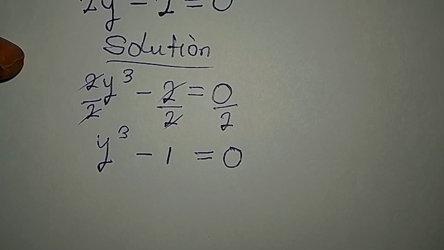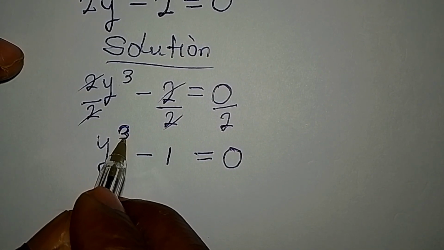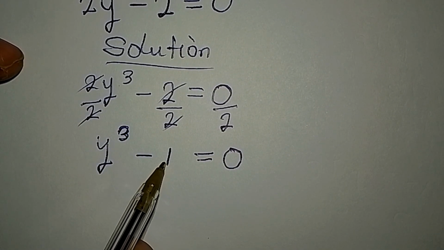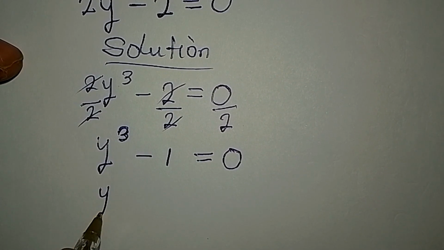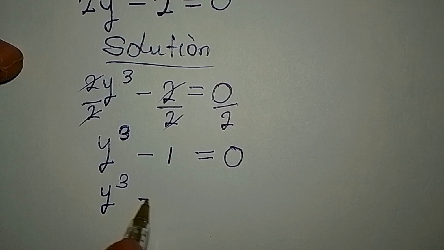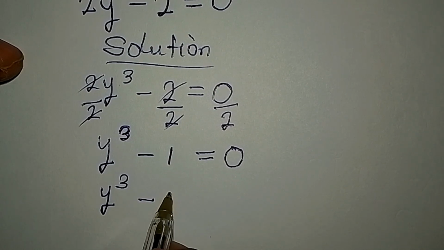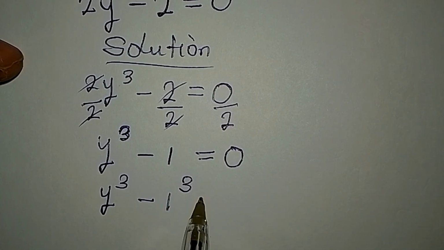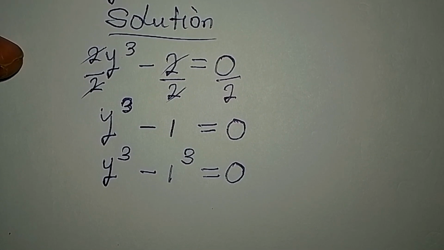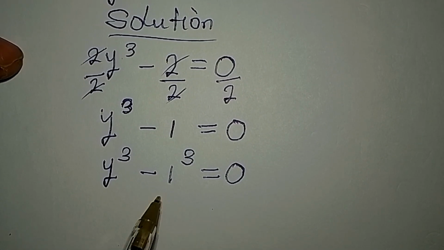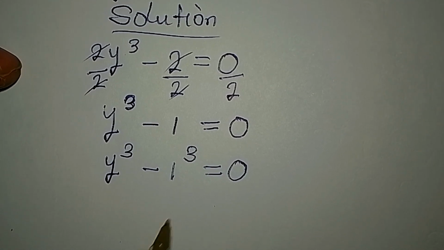Now from here, what we're going to do next is to ensure that we express this one in index form. So we have y to the power of 3 minus 1 to the power of 3, and this is equal to 0. So now we can factorize what we have here.